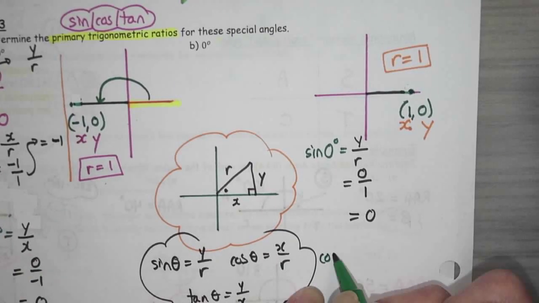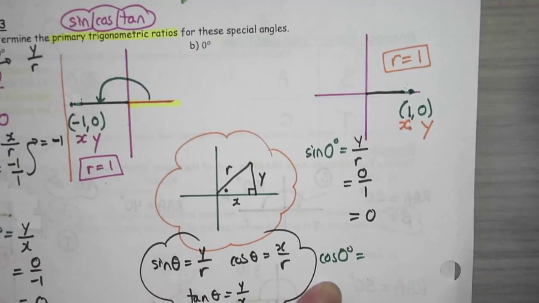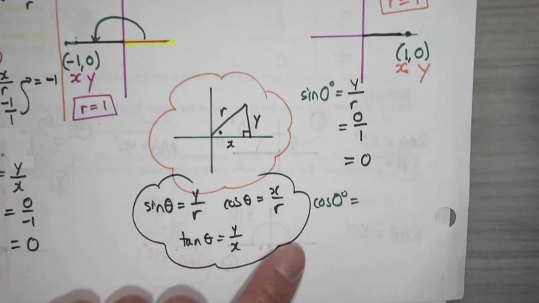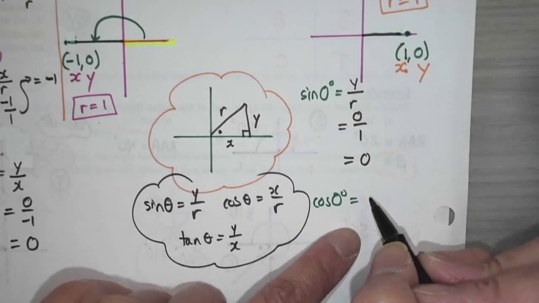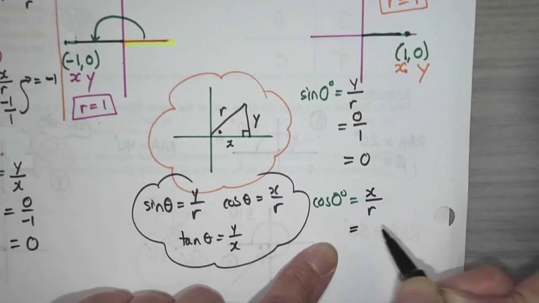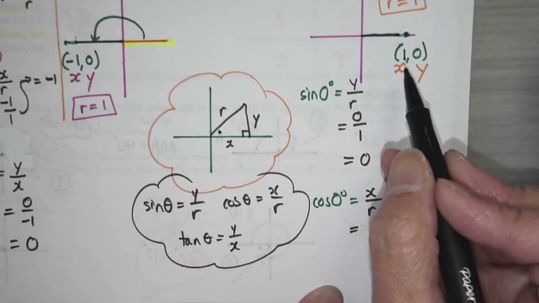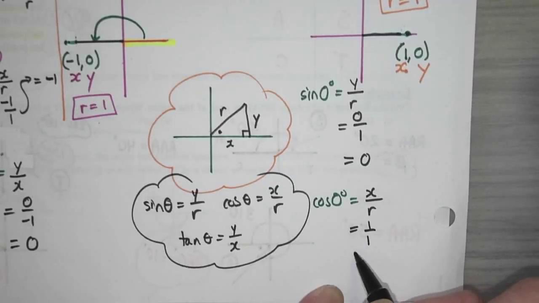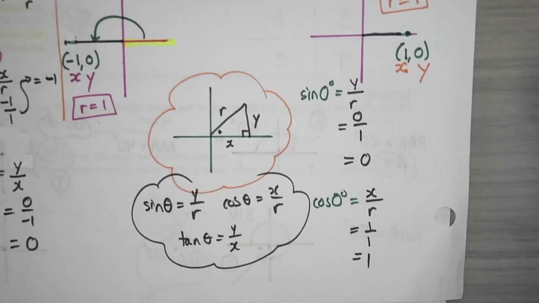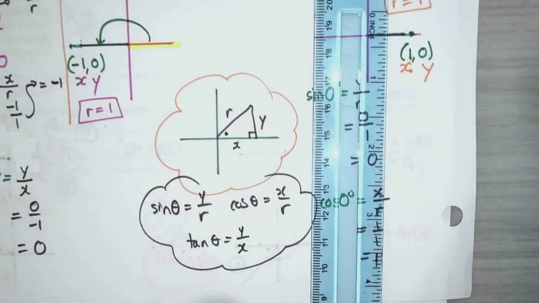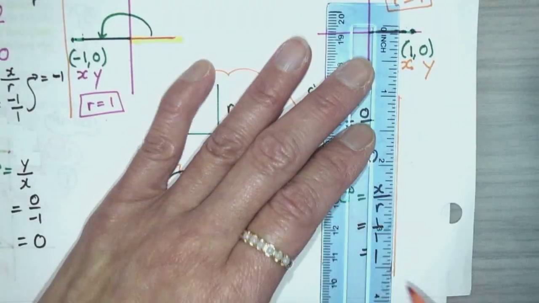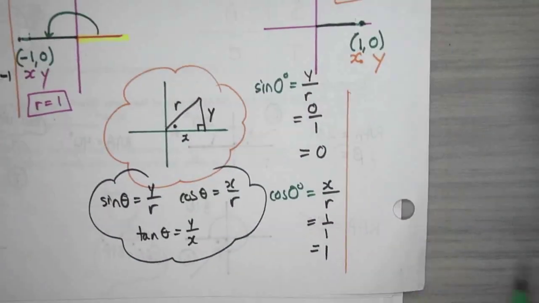How about cos of 0? Cos of 0 is, what's the formula? X over r. X is 1 over 1, so it's 1. Last one. Tan.